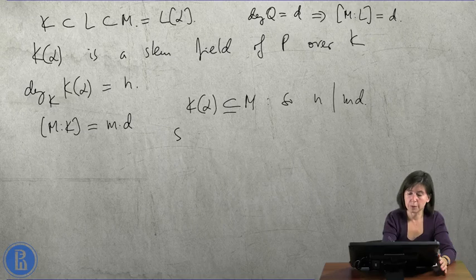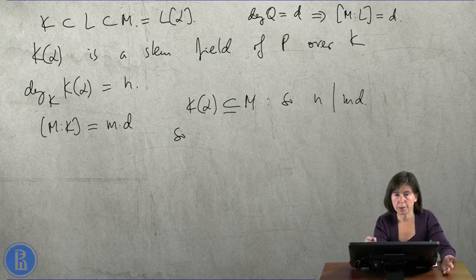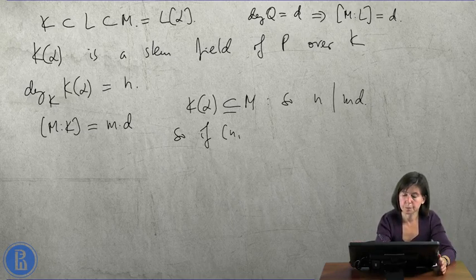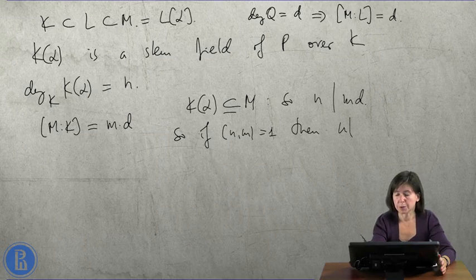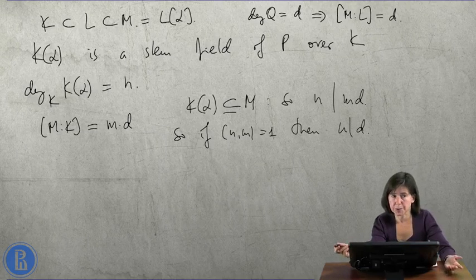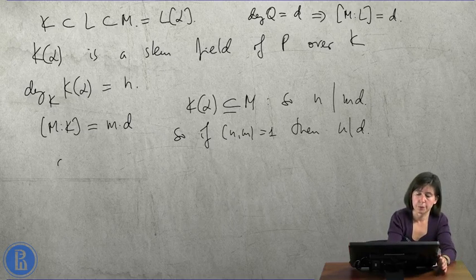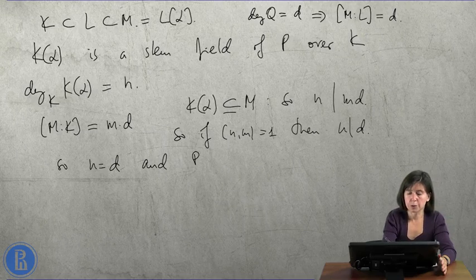And so, since n and m are relatively prime, then n divides d. But d is less than n, so n is equal to d and P is irreducible over L.